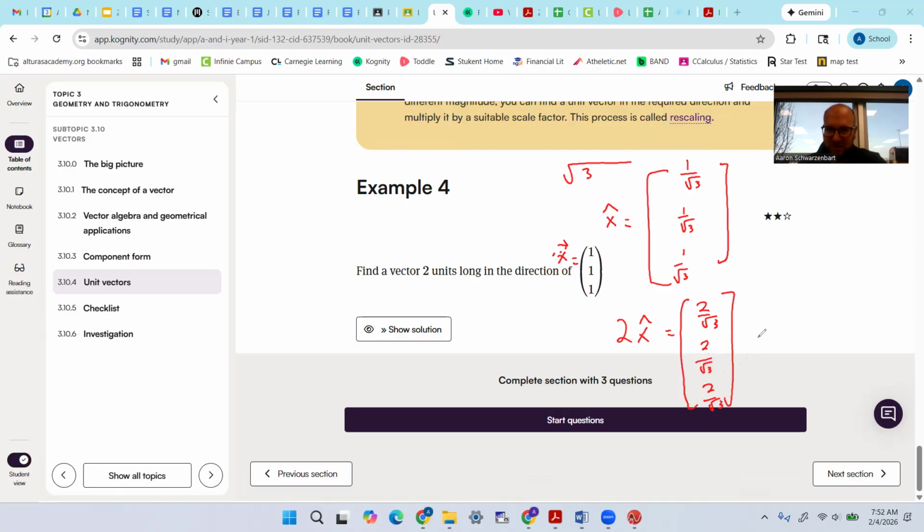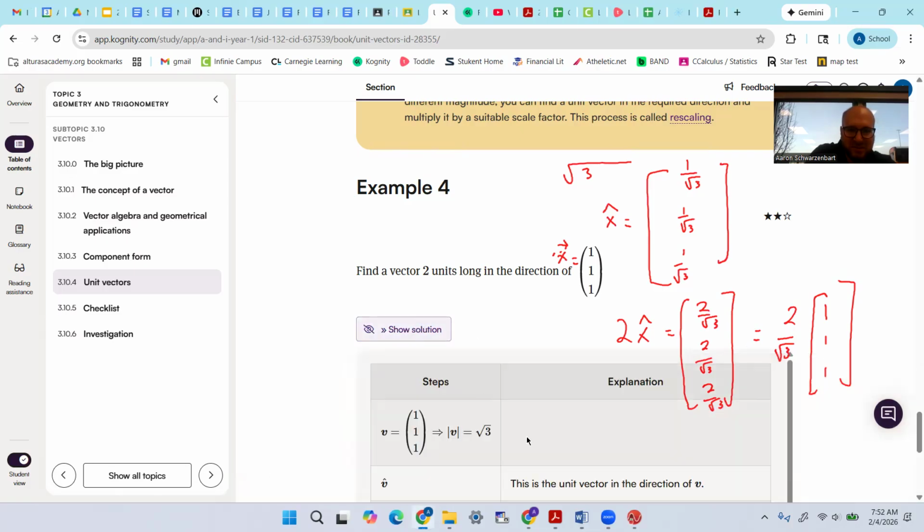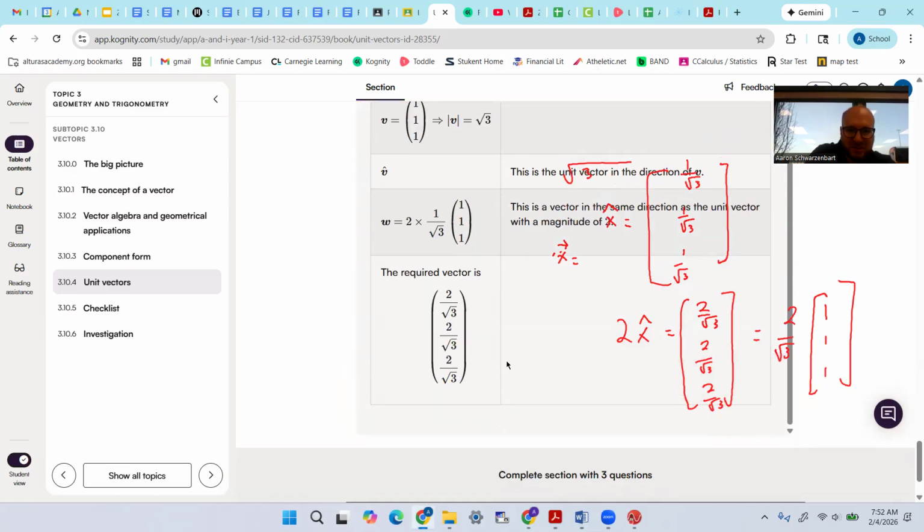Or probably in simplest form, factor it out. I think I like my factored out version slightly better. But either way, all of them are the same. And that is the end of Introduction to Vectors.